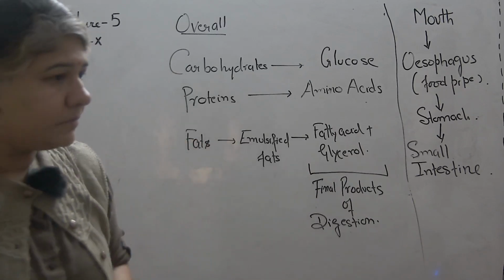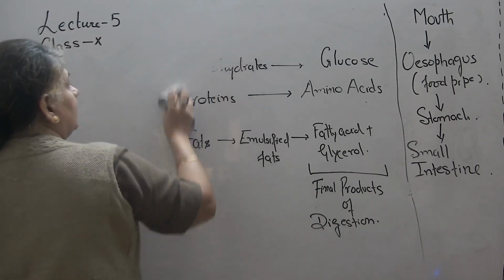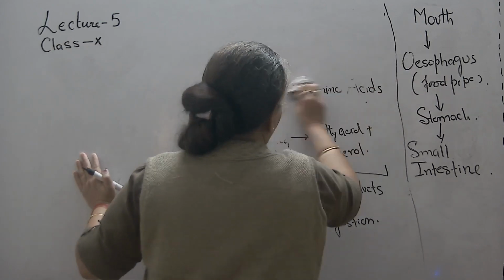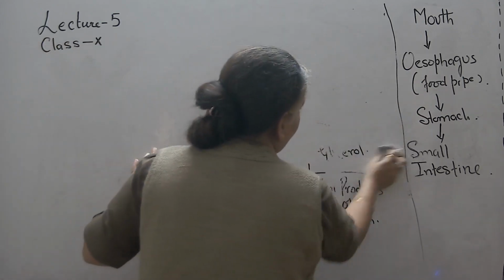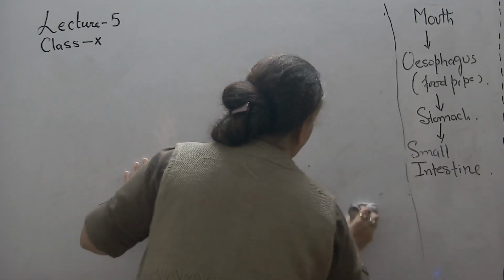Okay. Now, the second question that is often asked in board exams regarding digestion is how the small intestine is suited for absorption of food. You may write down the question.